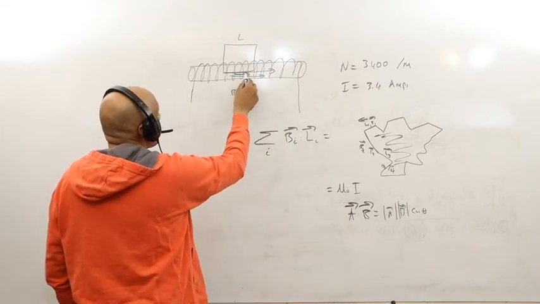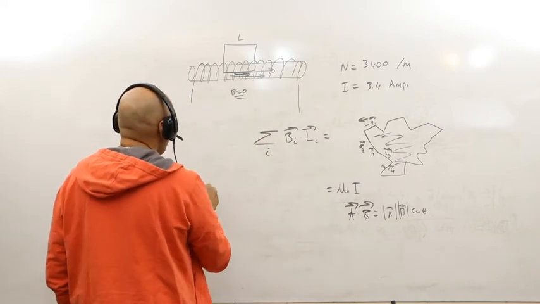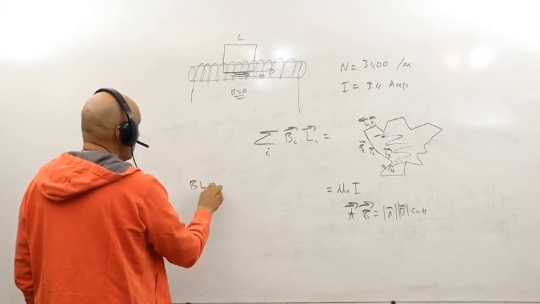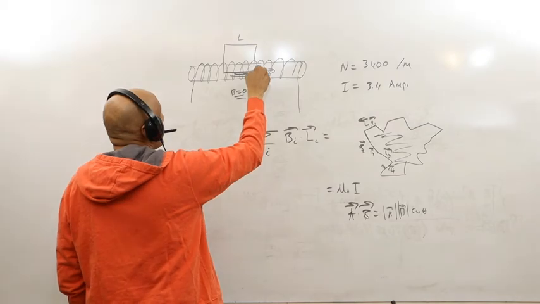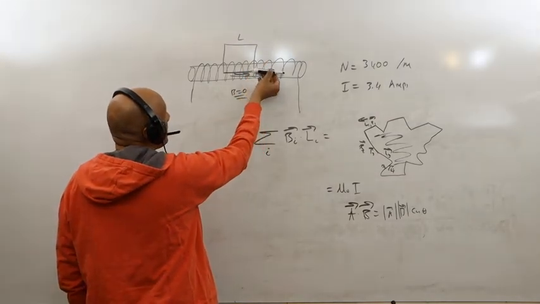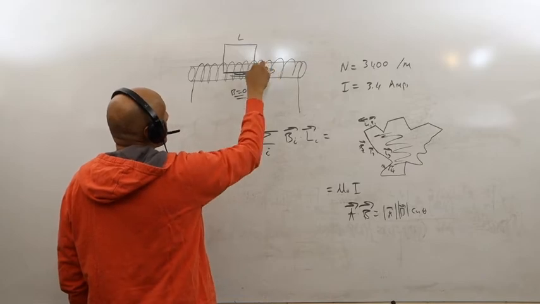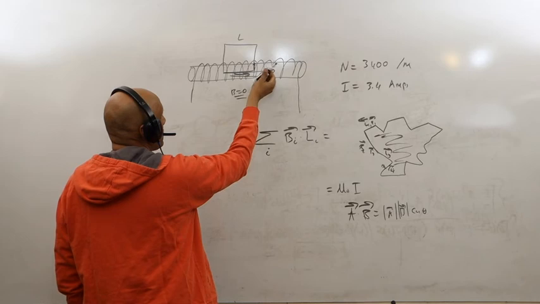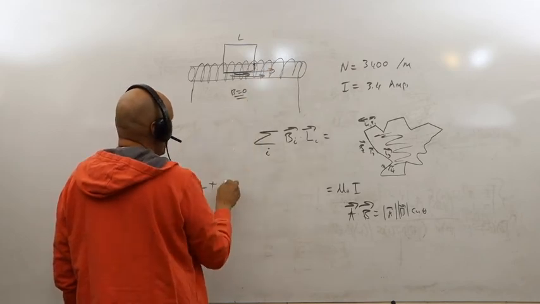So the first segment, from here to here, B is uniform, so B dot L will be just BL. And then we have a segment where the length and the magnetic field, which is in the direction, I'm going to calculate from here to here is 0, because the dot product of these two vectors, which are perpendicular to each other, is 0.